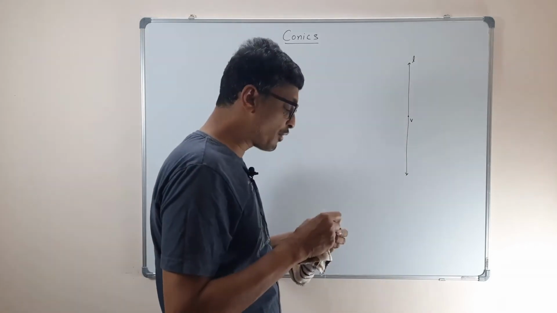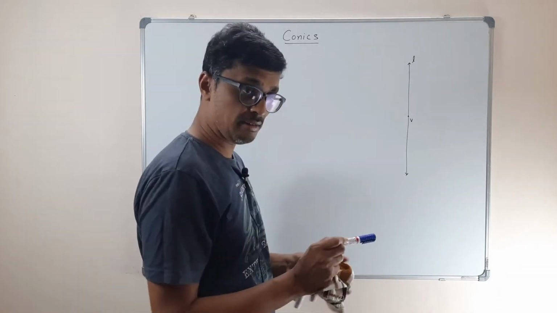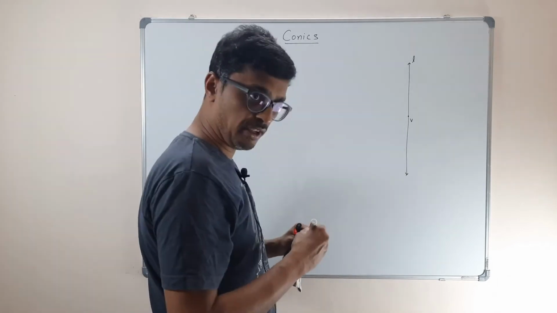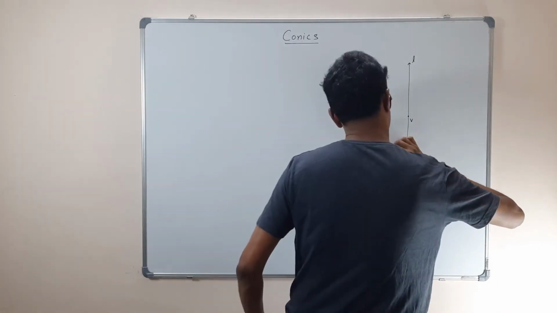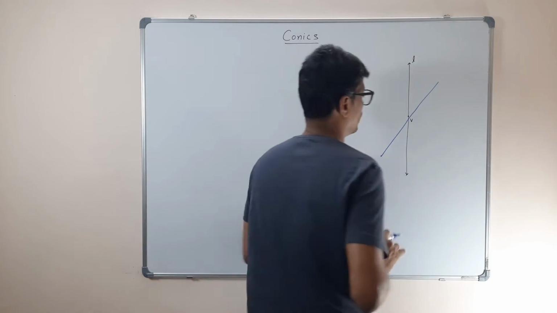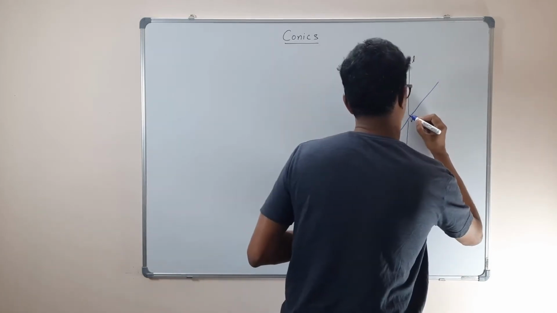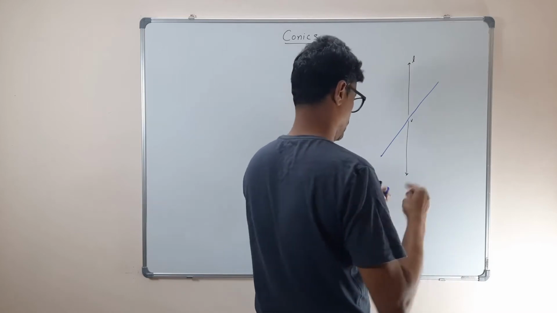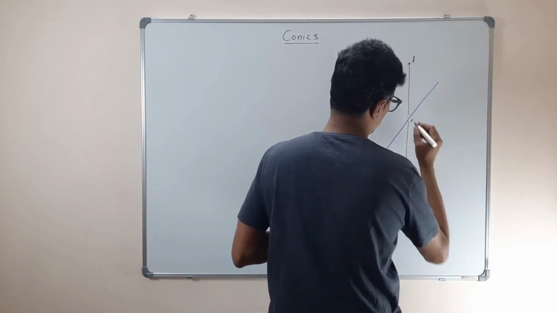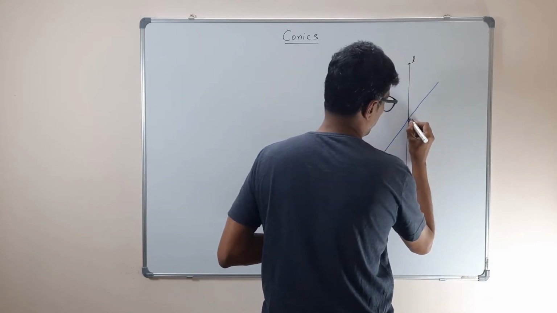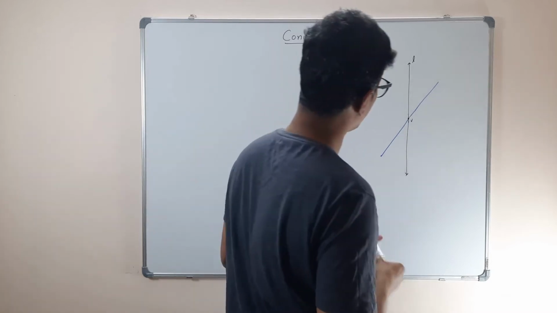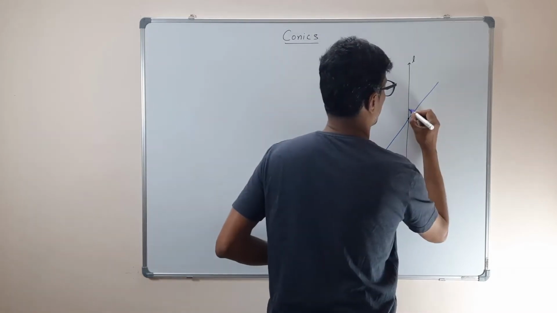Now let me draw another straight line passing through the point V and making an angle. Let it pass through the point V, making an angle, let us say alpha.